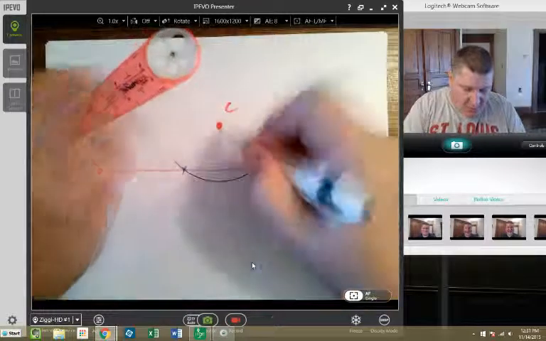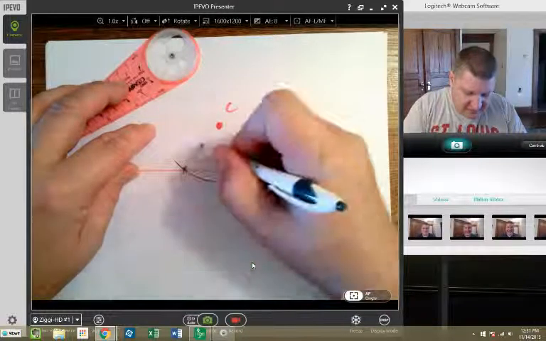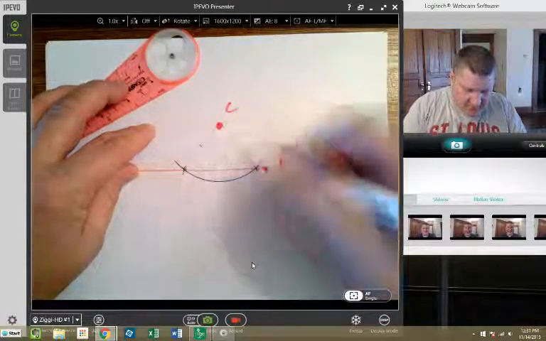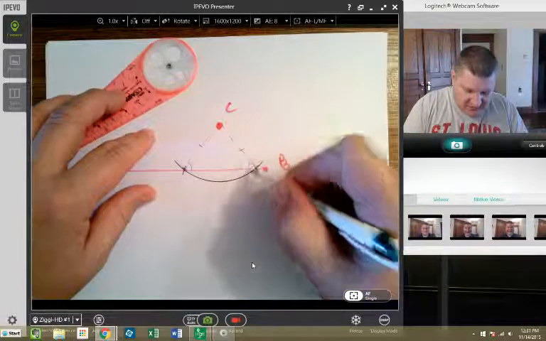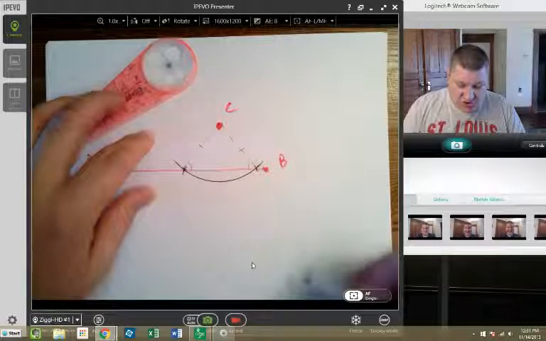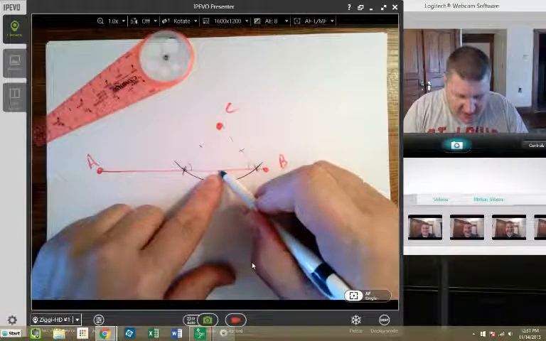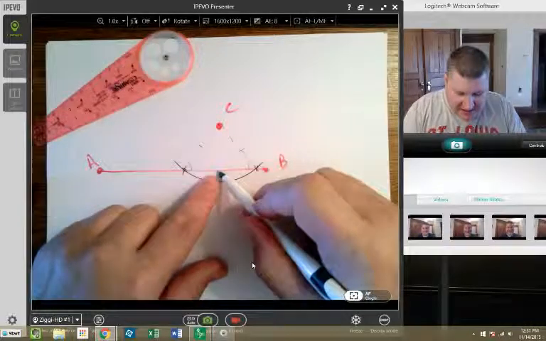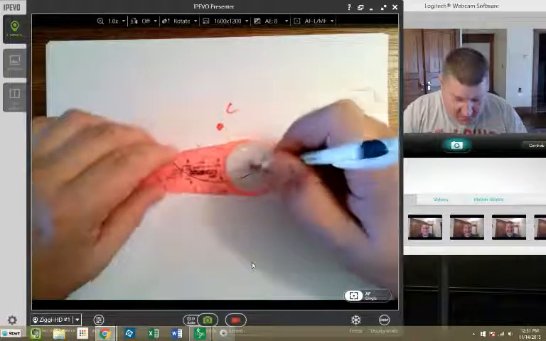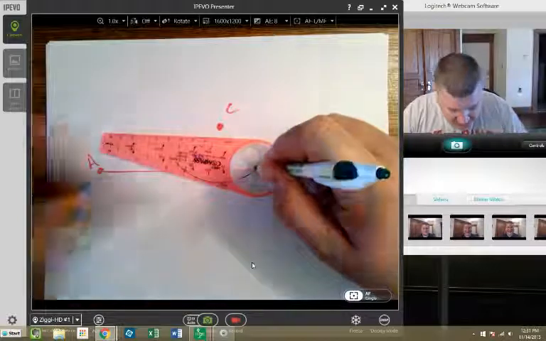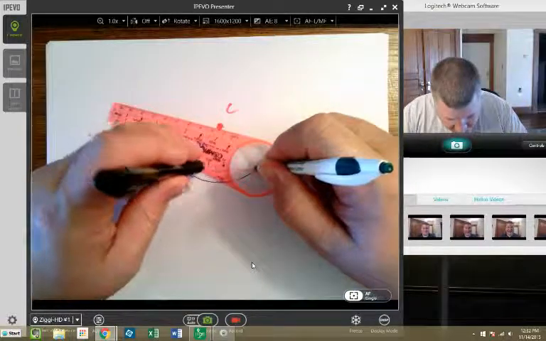Now, what's going to be true about this? Congruent, congruent. And now I also know this angle and this angle are congruent. So if I could just find a bisector and cut this point in half, wouldn't that make a perfectly good triangle? Well, I can. Let's pick something over halfway between my points.